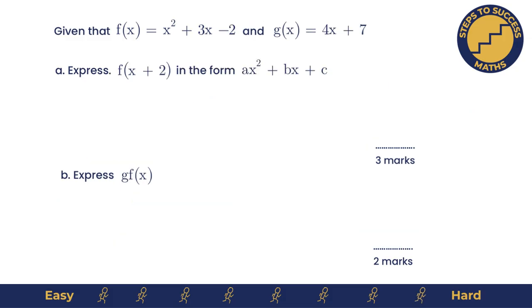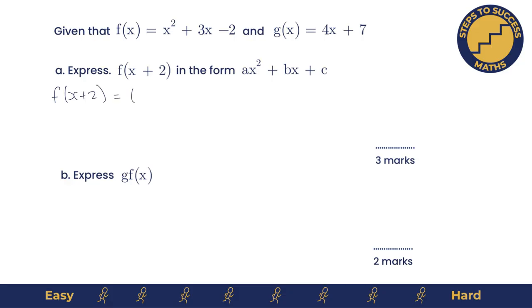Given that f of x is equal to x squared plus 3x minus 2 and g of x is equal to 4x plus 7, express f of x plus 2 in the form ax squared plus bx plus c. Okay, so we're just looking at the f function and we're going to put in place of x, x plus 2.